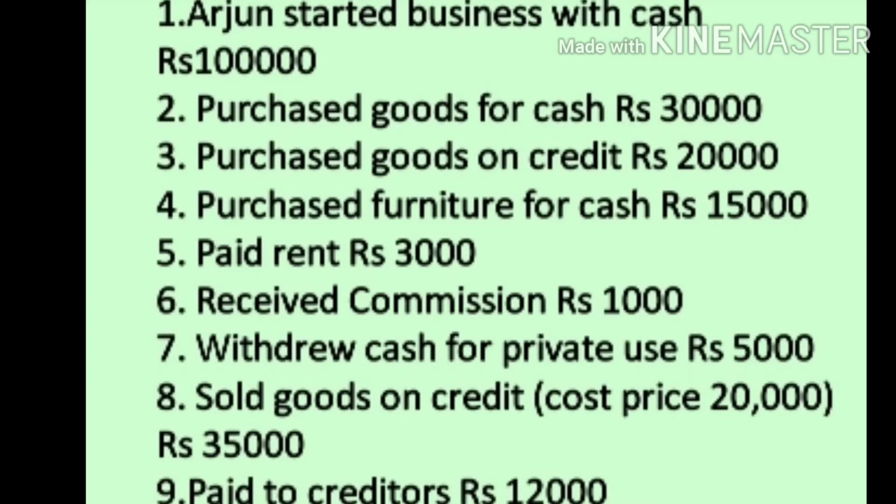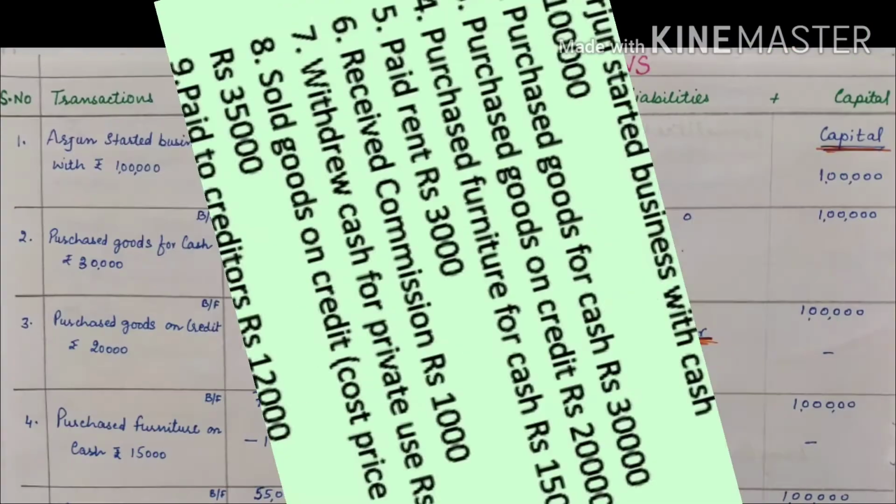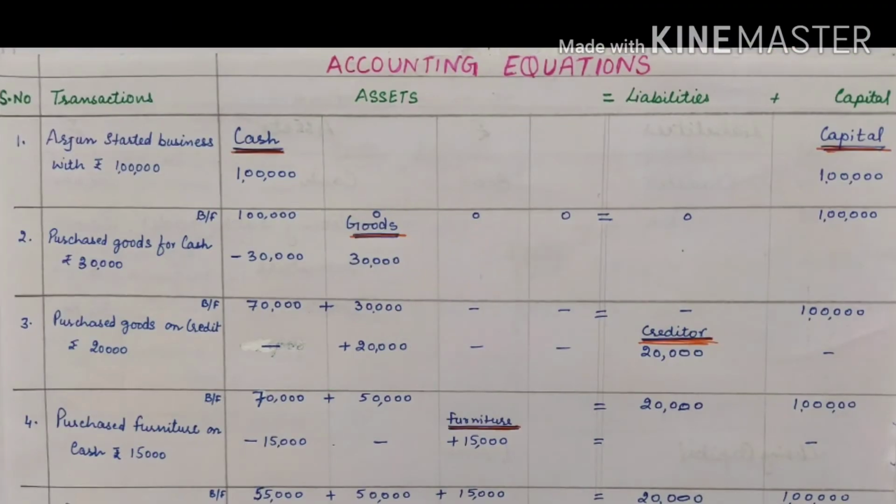As we know that each transaction puts an effect on two accounts simultaneously as per the double entry system. Here, first of all, you have to find out at least two accounts in each transaction. Here one is cash and another one is capital. And we know that cash is an asset, which we have learnt in an earlier video.